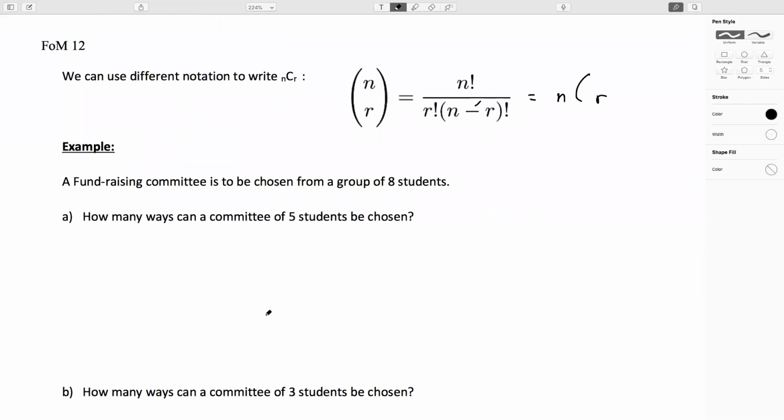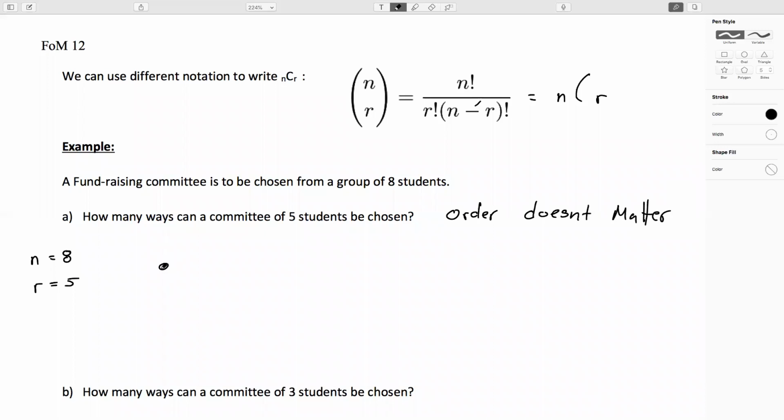So a fundraising committee is to be formed from a group of 8 students. How many ways can 5 students be chosen? Well, we have N equals 8. We have R equals 5 being chosen. The order does not matter. And so essentially we're choosing 5 from 8.